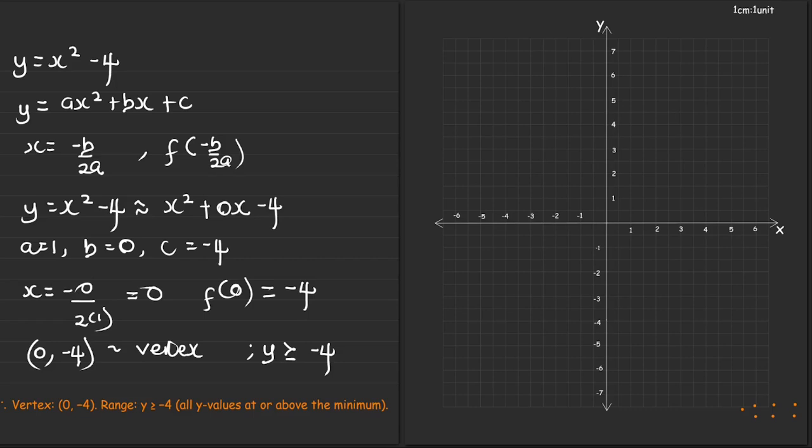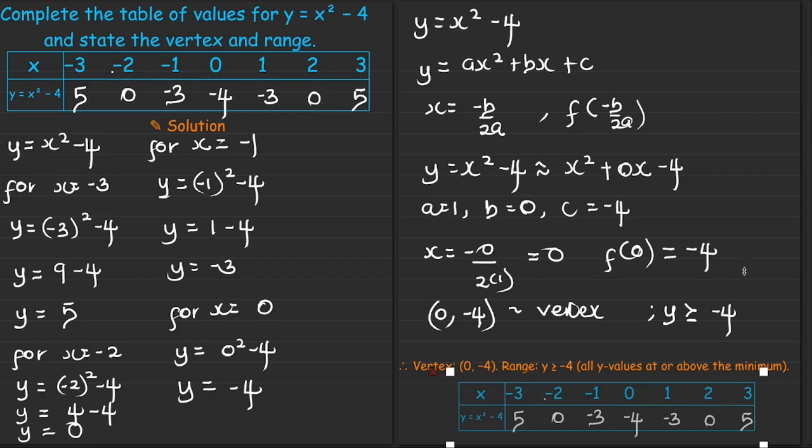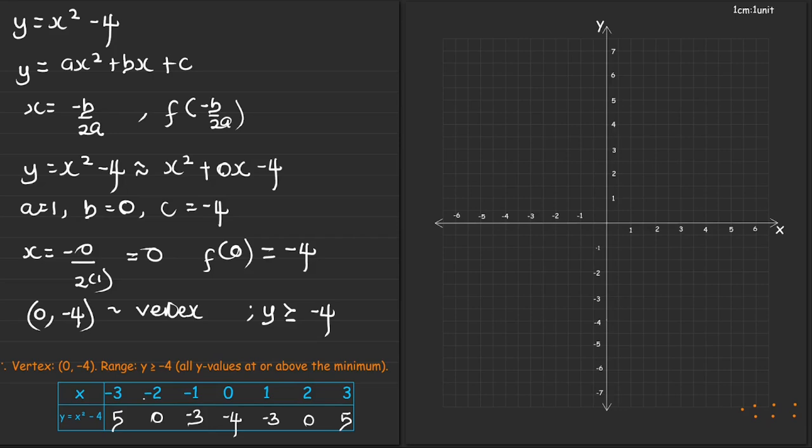Now, before we go to the next question, let's try and then plot these points out to see if we can confirm the vertex and then the range, and even look for the axis of symmetry as well. So from our table, for us to be able to see it, I'm bringing it here. And then now let's go to the graph sheet. So on our graph sheet now, let's identify our points.